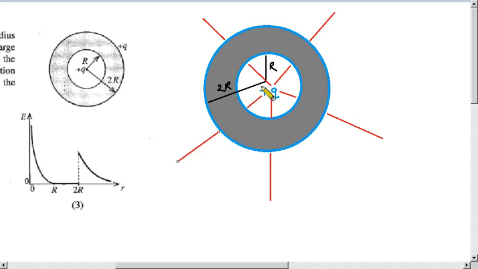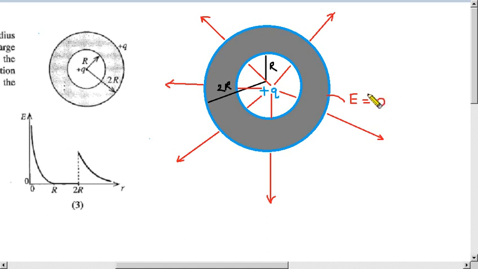So we know, in the lesson we learned that there are no force lines in a metal. So there are no force lines here, and therefore the field intensity E is 0.